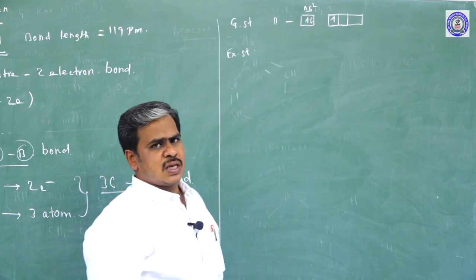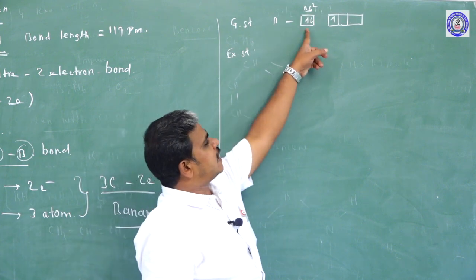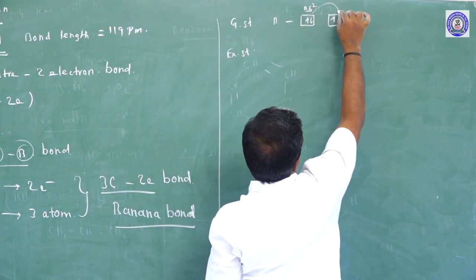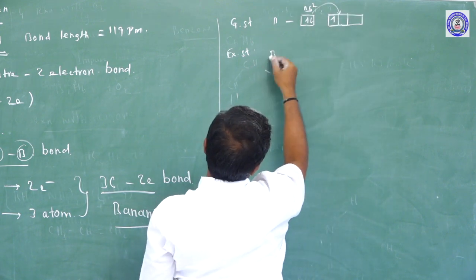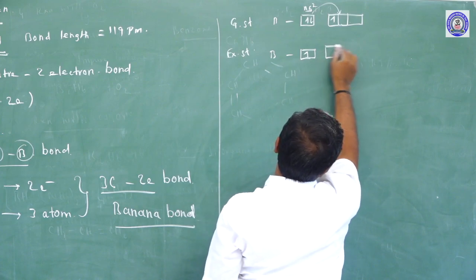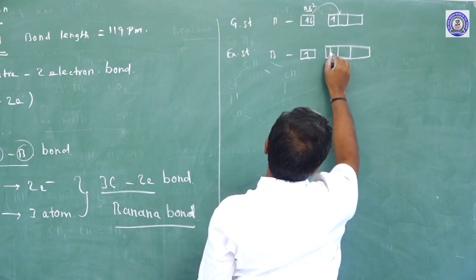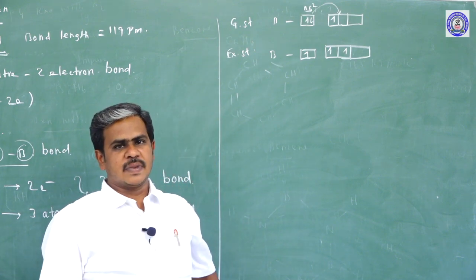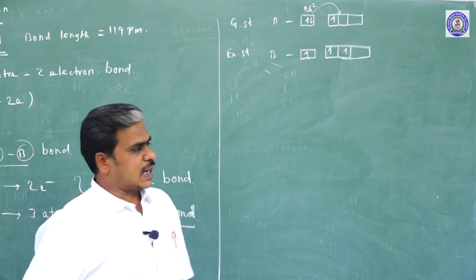Some amount of energy is required to unpair the electron, and this electron moves here, so that the unpaired electrons are 3. So there are 3 valence electrons, 3 half-filled valence electrons.